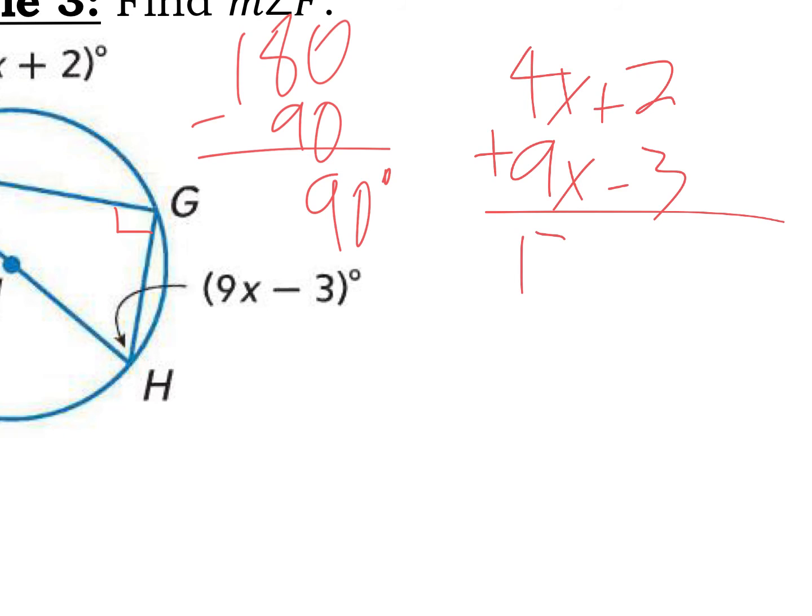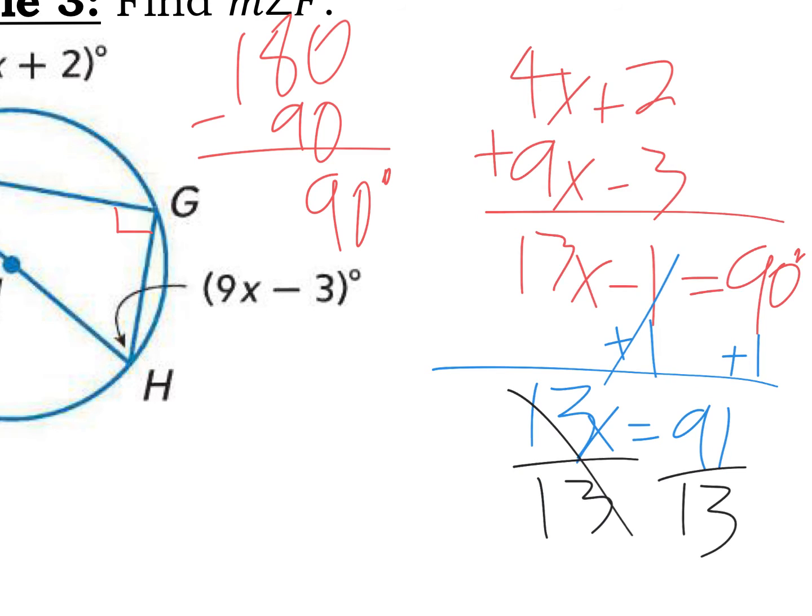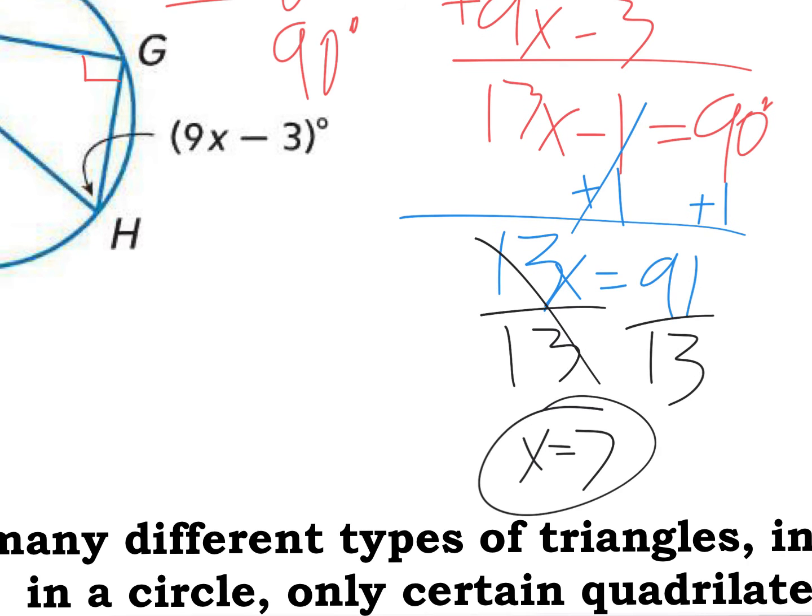So 4x plus 9x is 13x, 2 minus 3 is negative 1, set equal to 90 degrees. I can add 1 to the other side, and 90 plus 1 is 91. Then I can divide both sides by 13, and 91 divided by 13 is 7.